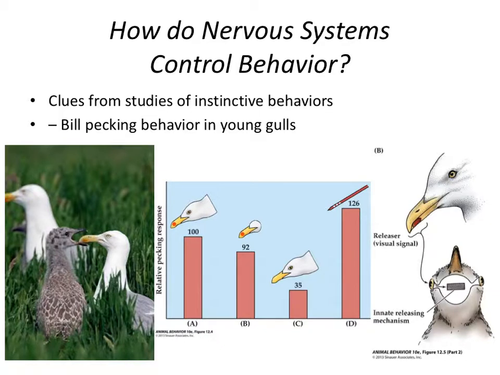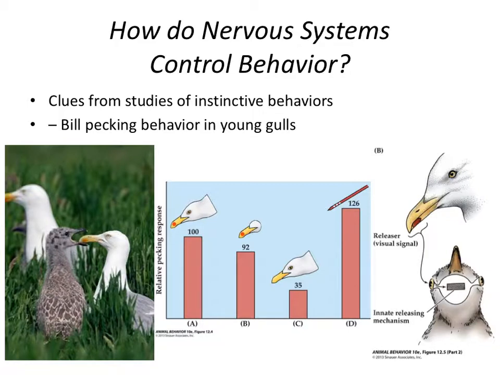Okay, so this is actually a fixed action pattern. The baby gull doesn't have to learn this at all. Just like a human baby doesn't have to learn sucking at all, or any other mammal for that matter.